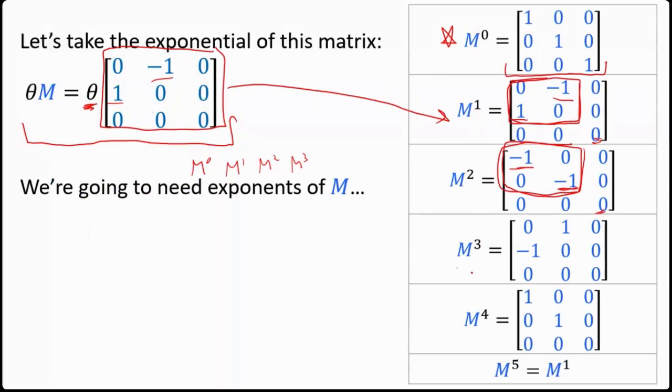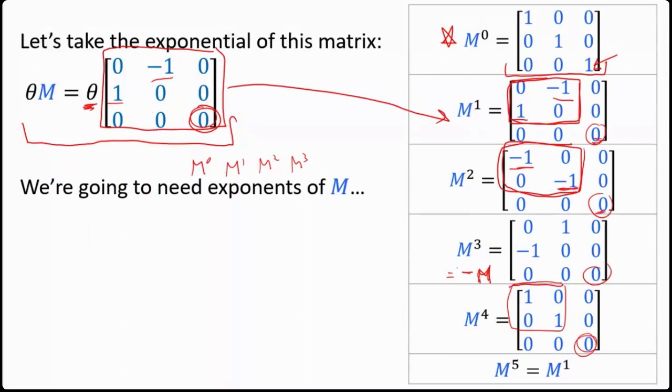M3 is actually just -M1, that's just -M. And then M4 is kind of like an identity, but with this being a 0. There's a 1 in the first position, but all the rest are zeros, because M has a 0 here.